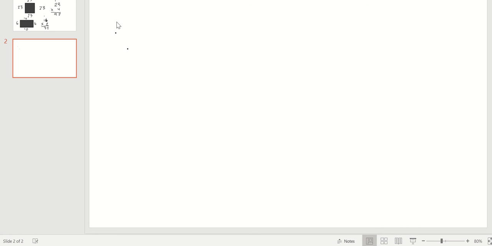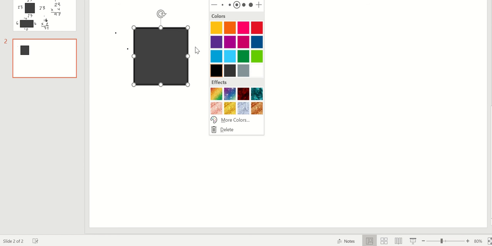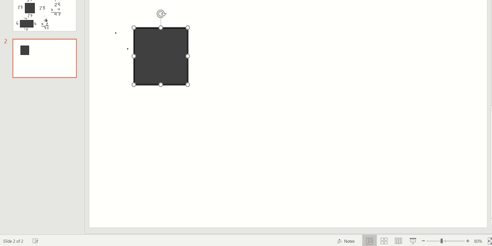Okay, so first things first, we've got a square. Let's read it again: it has sides that are 4 centimeters long, and because they have all equal sides, that means that's 4, that's 4, that's 4, and that's 4.